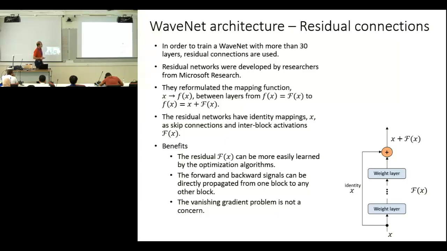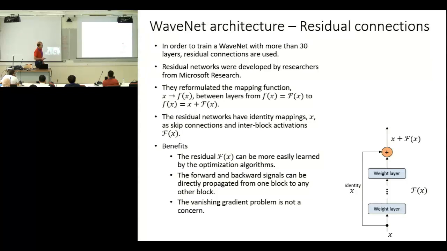Also, during the backpropagation, we solve the gradient vanishing problem. Because as the derivative is backpropagated in order to update the weights, in every layer that it passes through, it loses some information. So after a lot of layers, it contains noise. It does not contain useful information anymore.